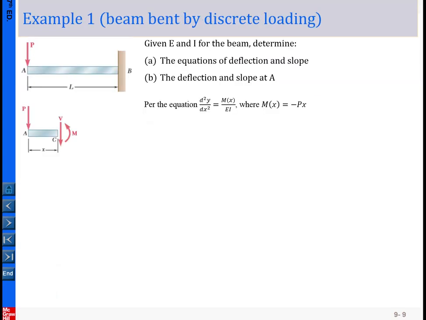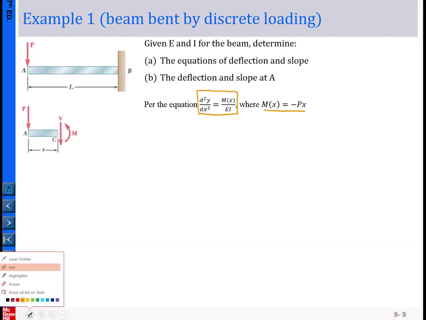Here we can look at one example. Again, we start from the deflection equation, and here we plug in the bending moment equal to minus px. How can we get it? We can take the free body diagram, or utilize the shear and bending moment diagrams.